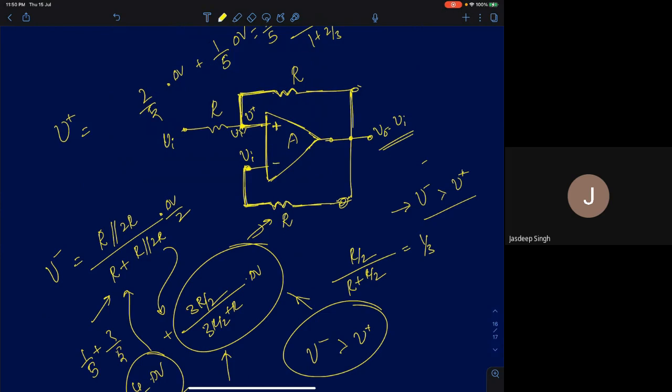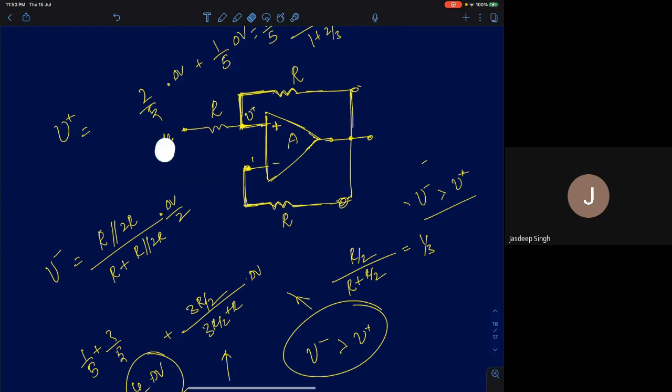So that's how we can show that when you have both positive and negative feedback, you just have to follow this approach in a systematic way, and you will be able to see that. Or even intuitively, if you have solved many circuits, you should be able to have a certain level of mastery to immediately see that if you change this node voltage, of course, both negative and positive terminal voltages are changing.